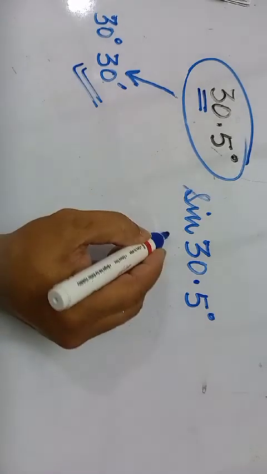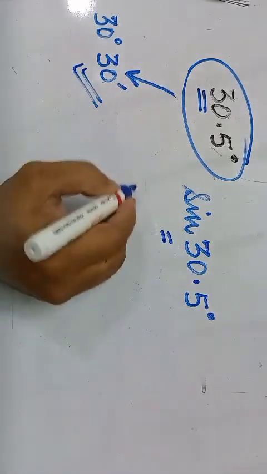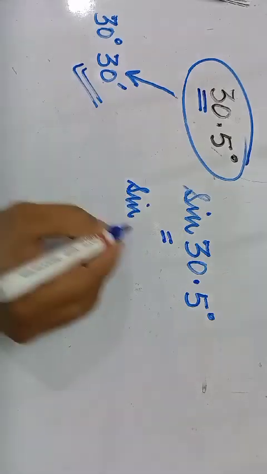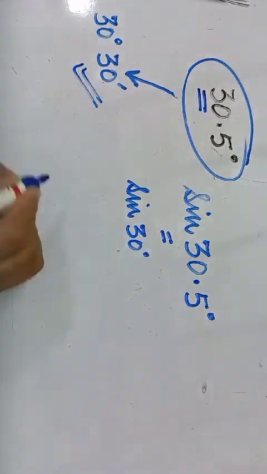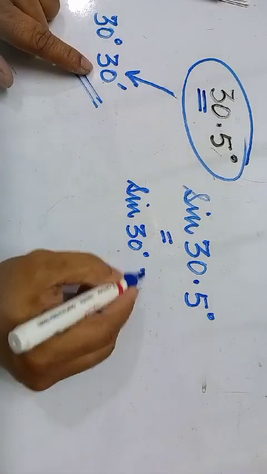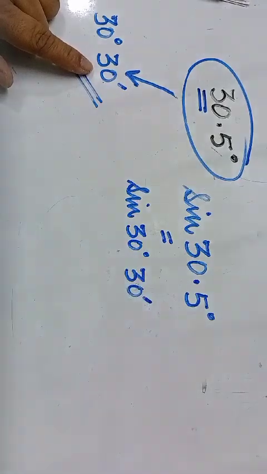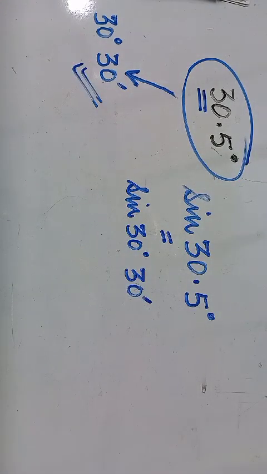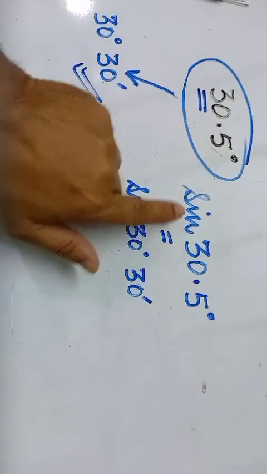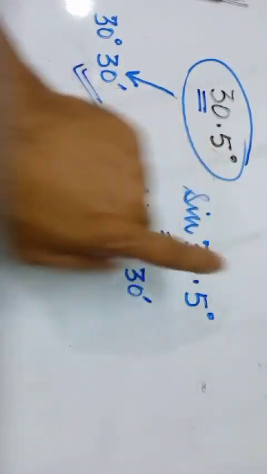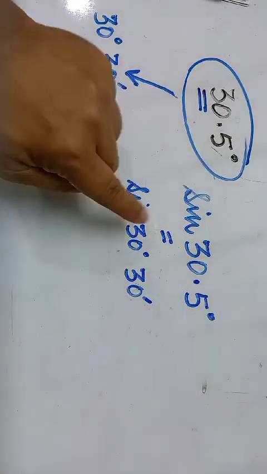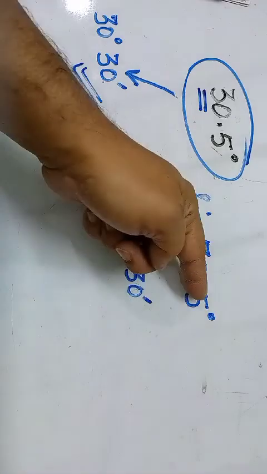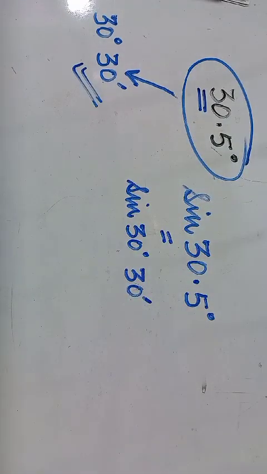Okay, so this is nothing but sine 30 degrees and 30 minutes. Okay, so sine of this particular angle, which is a non-standard angle, is the same as sine of this after converting this 0.5 into 30 minutes.